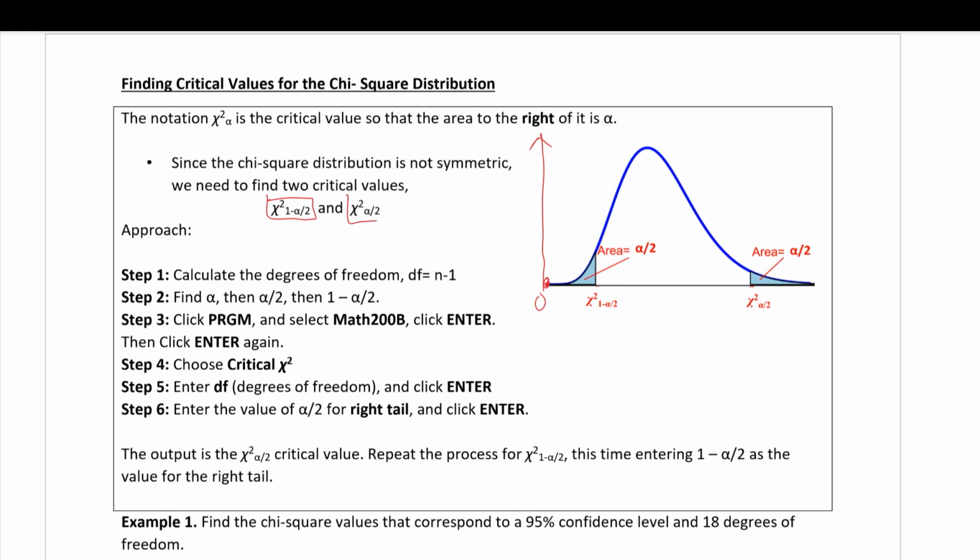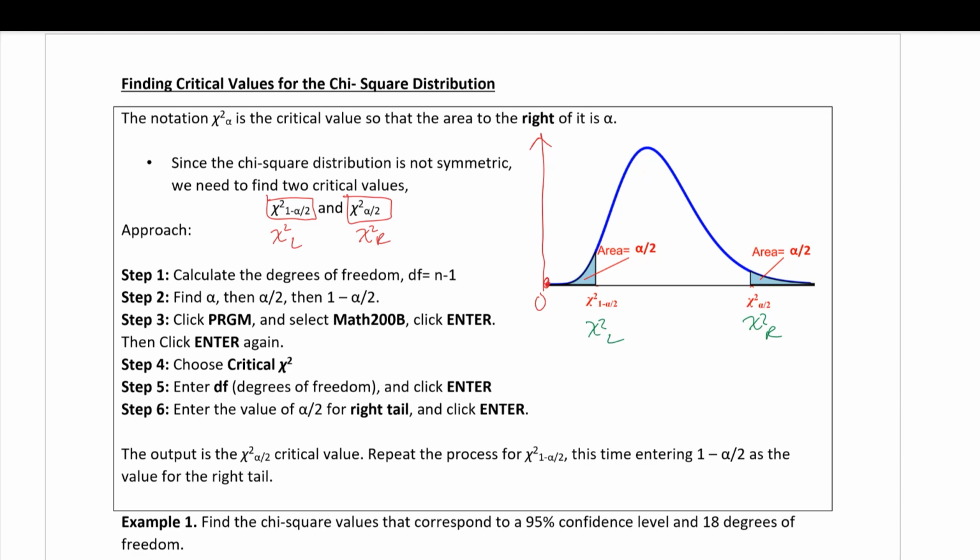Now the subscripts there just refer to the area to the right of those values. So what I like to call these instead are chi-squared left and chi-squared right. Therefore, this one's chi-squared left, this one's chi-squared right. But technically, if you're using the correct notation, you would just use the area to the right. So that's 1 minus alpha over 2, and then this one would be alpha over 2.